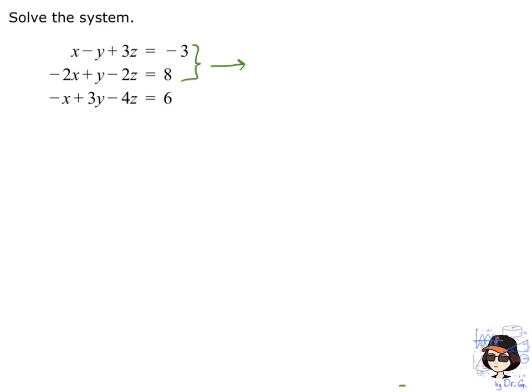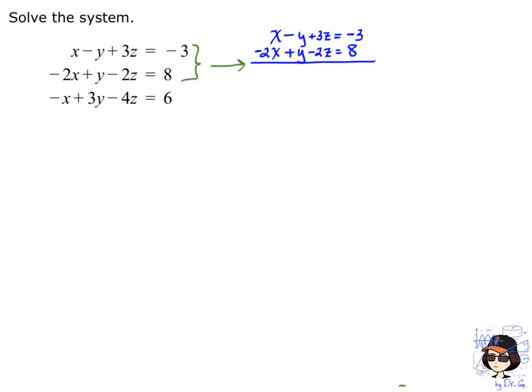Let's take the first two equations and rewrite them. The first equation is x minus y plus 3z equals negative 3. The second one is negative 2x plus y minus 2z equals 8.